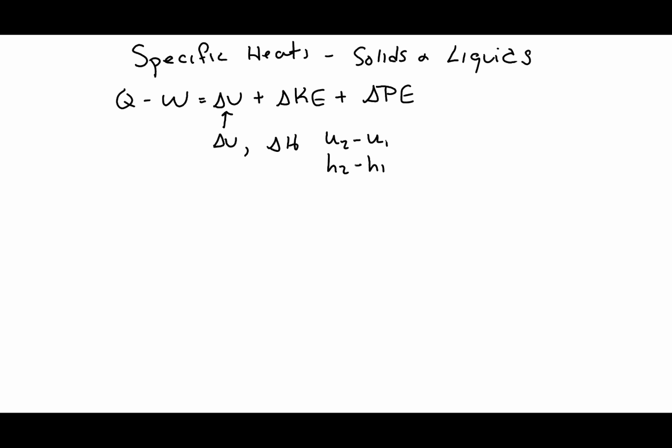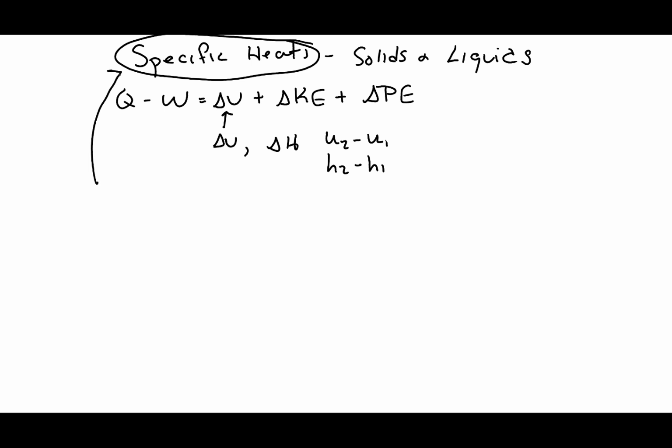And in this video, we're going to look at how to solve for delta U or delta H, assuming that you have a solid or a liquid. And so coming back to specific heats, first of all, specific heats are simply a property, just like any other thermodynamic property.